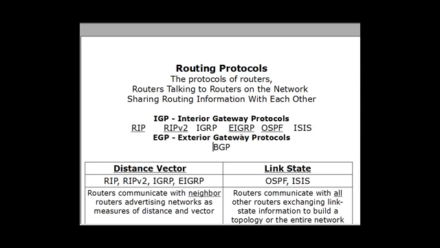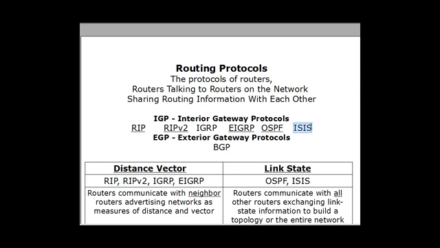In the Cisco CCNA, you're required to know how to configure RIP, RIP version 2, EIGRP, and OSPF. You used to have to know IGRP also, but IGRP has been succeeded by EIGRP, and IGRP is no longer being taught.